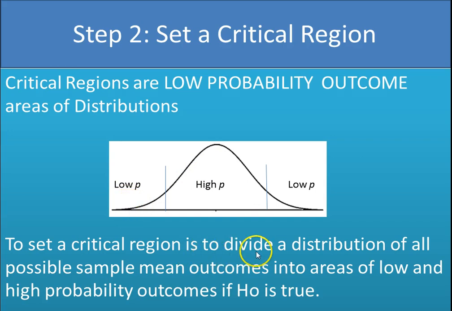But in hypothesis testing, we have to use a different distribution than those which we've seen up to this point in the course. And the distribution is called the distribution of all possible sample means.